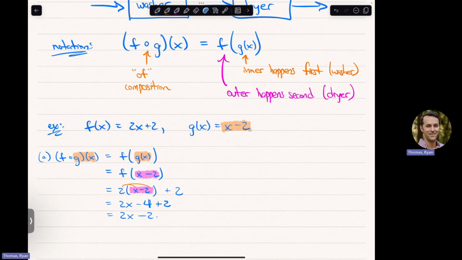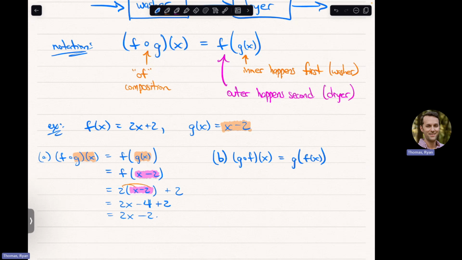Just for the sake of doing it real quick, let's do that same composition but the other way around. So g of f. Again, this would be a good time to pause for a moment and try this on your own.